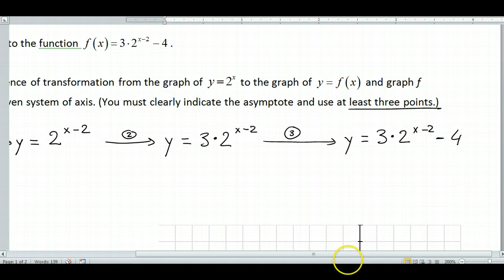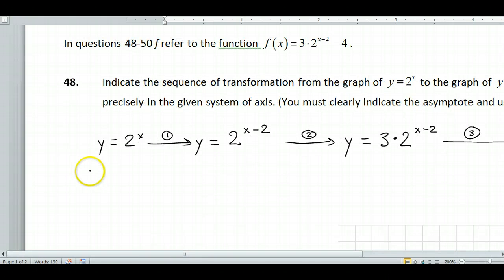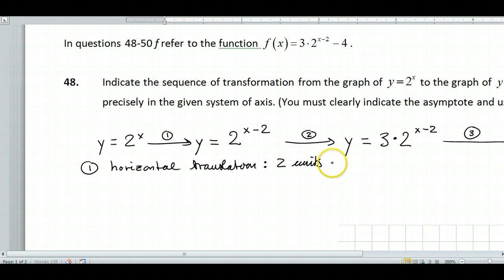Okay, all right, let's indicate what each transformation does. The first one is a horizontal translation, and let's be more precise, 2 units right.